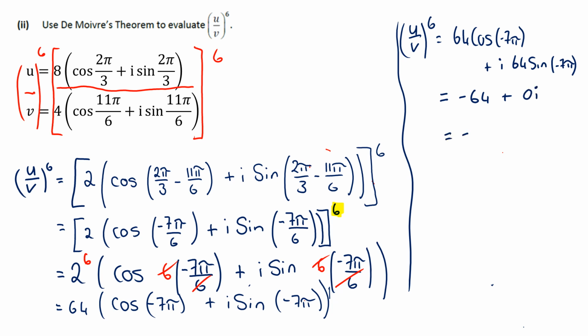So they've said evaluate, so they didn't say rectangular form or anything like that, so we can simply leave it as minus 64. So there's a lot more you can do with the negative angles, but I suppose if you're not giving your answer in polar form, there's no need. Even in polar form, negative angles are generally accepted.